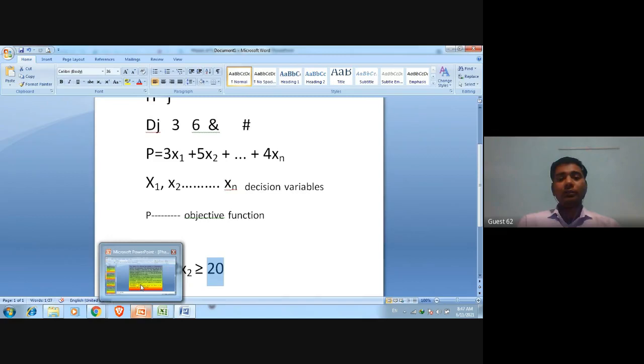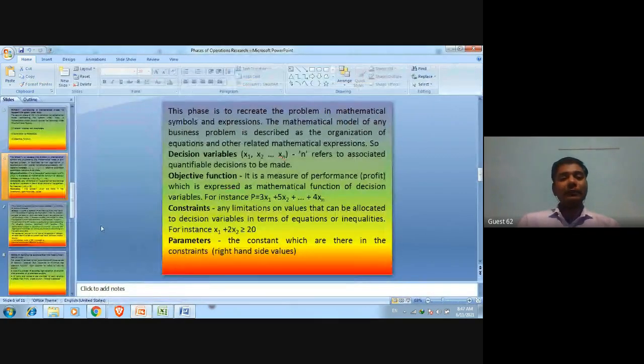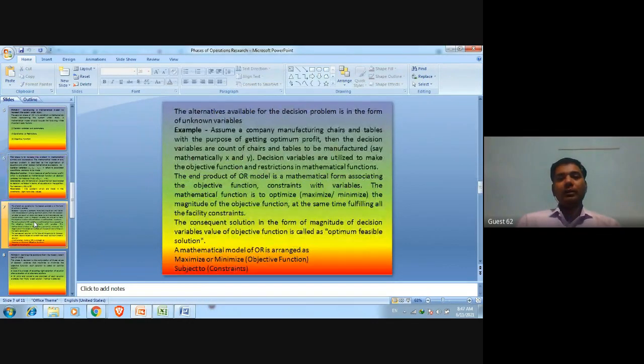Let us see an example to understand these decision variables, objective function, constants, and parameters clearly. Assume a company manufacturing chairs and tables, with the purpose of getting optimum profit.